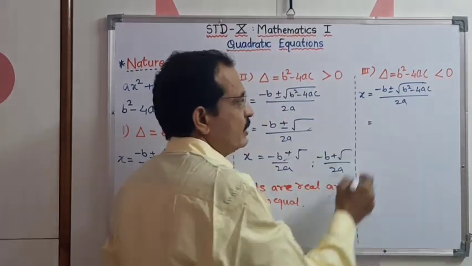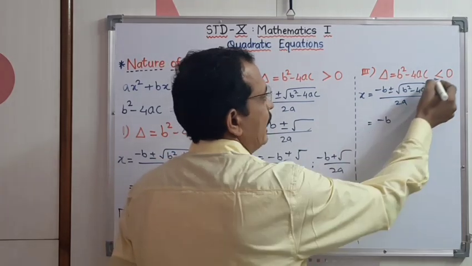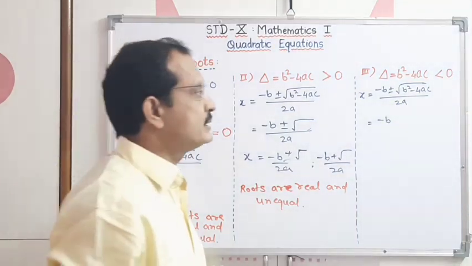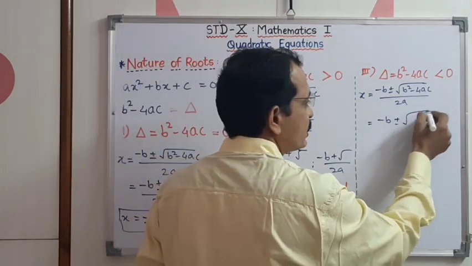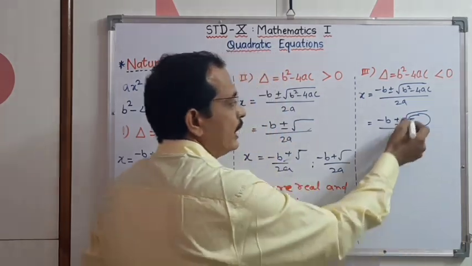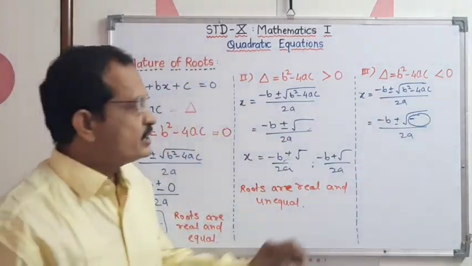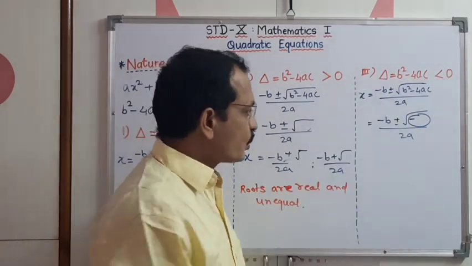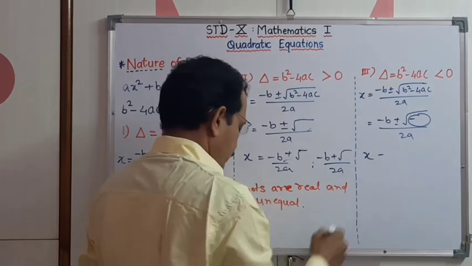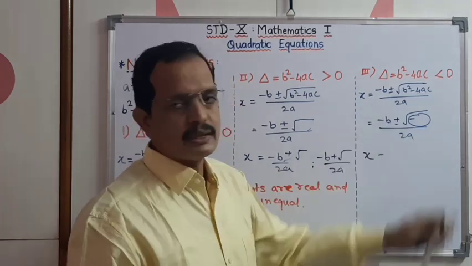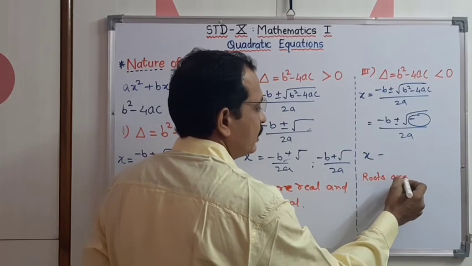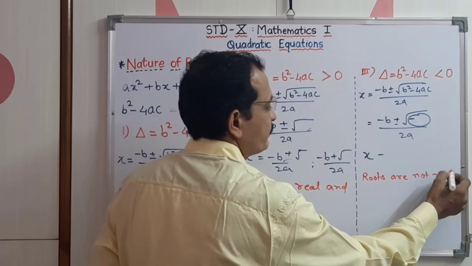Now here, students, the value of b square minus 4ac is less than 0, that means plus minus under root of a negative value will be there, upon 2a, and from this we can say that these roots are not real. Therefore, if delta is less than 0, then the roots are not real.